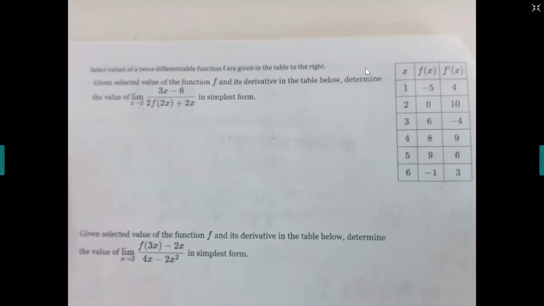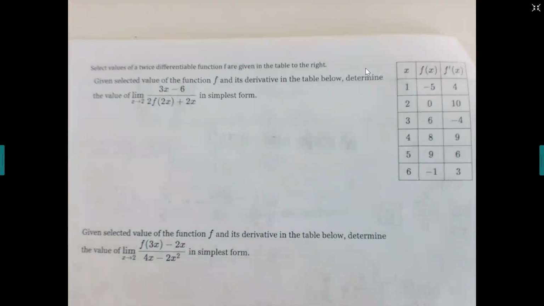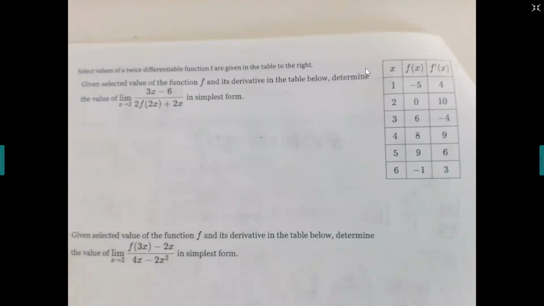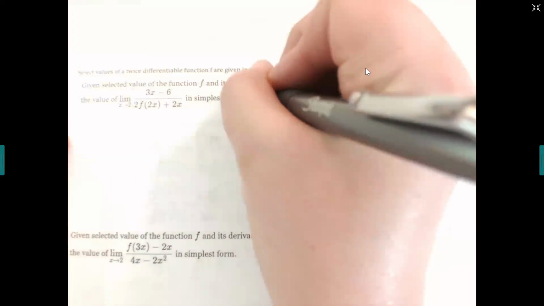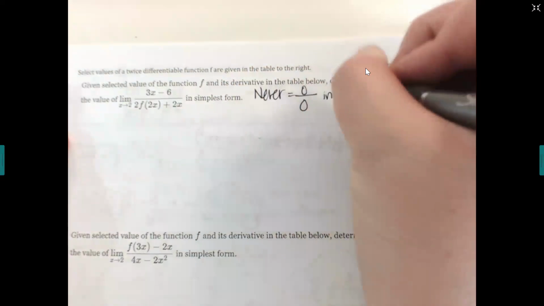All right, almost always when L'Hopital's rule is on the AP test, it's in the multiple choice. Okay, but they have put it on the free response once. So we're just going to look at how you should write it out. The first thing is you should never put 0 over 0 in the free response.